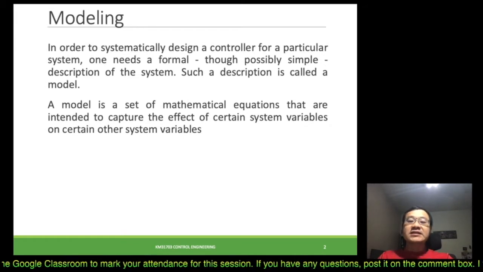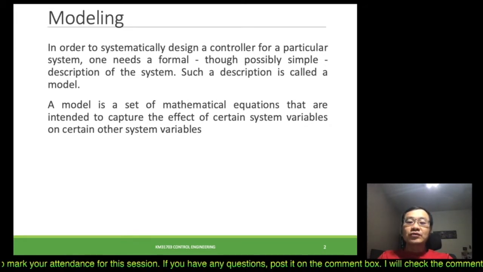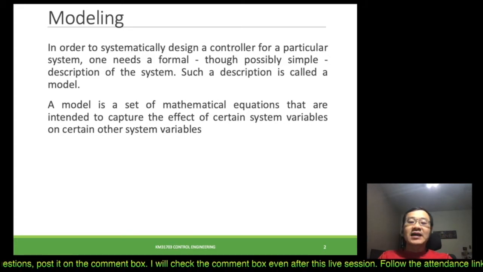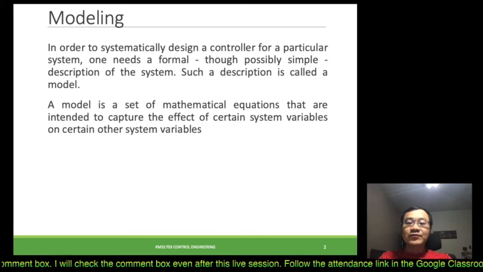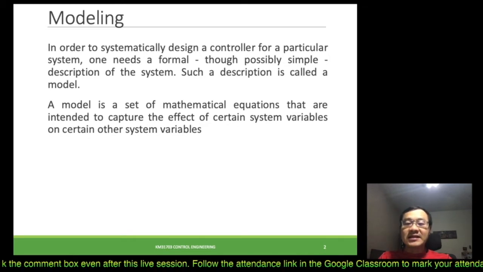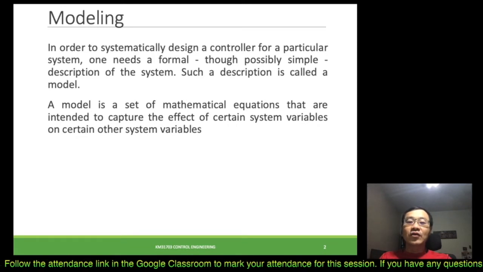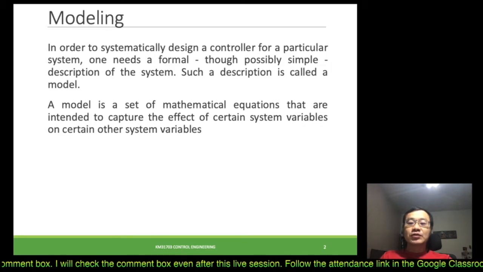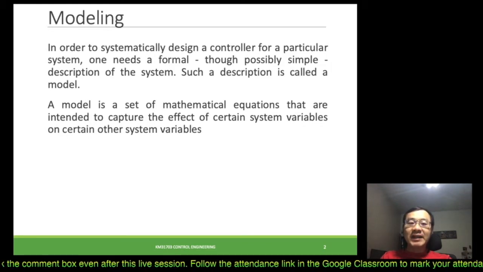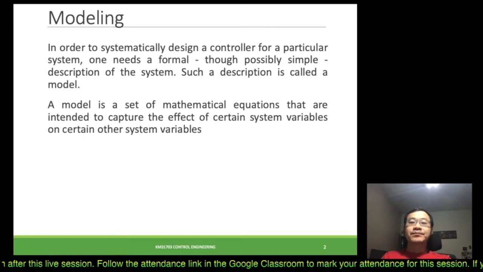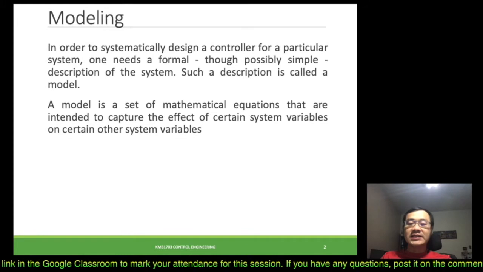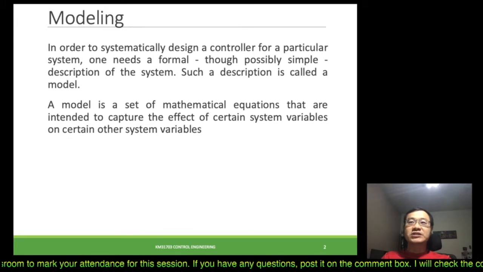This modeling is important for us to be able to simulate how the system will respond, and therefore we can systematically design a controller for that particular system. Therefore, this modeling would be more on a mathematical modeling of a system that you have learned before in differential equations.